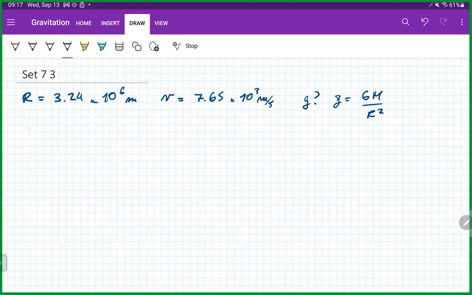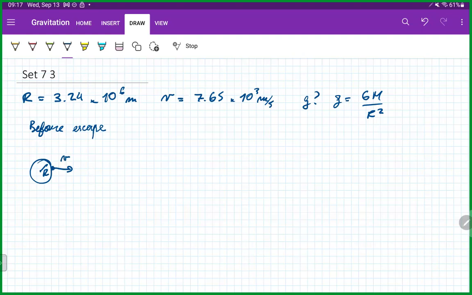So before the escape, we have the planet radius, and the object on the surface goes with some velocity.